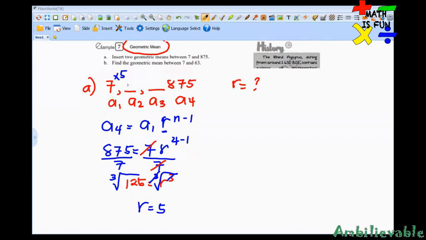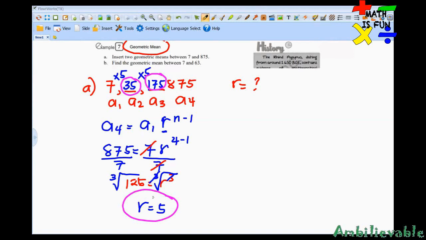So 7 times 5 is 35, and 35 times 5 is 175. So we inserted 2, and those are 35 and 175. So you need to get the R first, then you multiply.